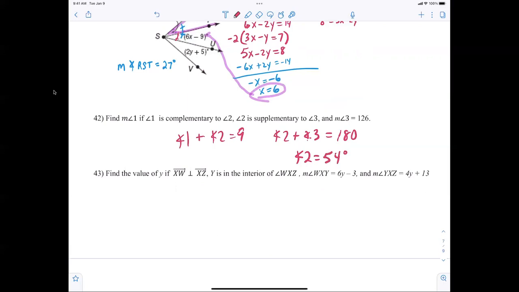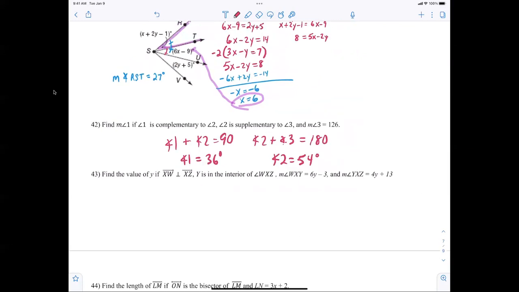And if angle 2 is 54, then angle 1 had to be what? 36 degrees. How's that? That making sense? All right, anybody else on that page? That wasn't too bad.